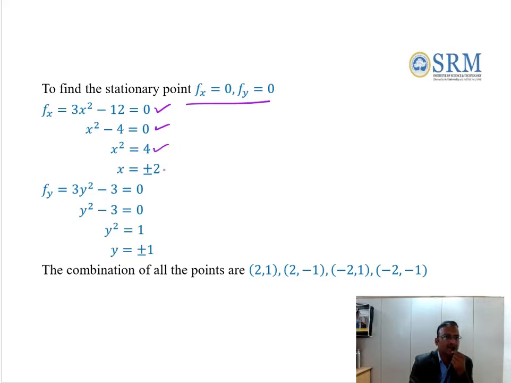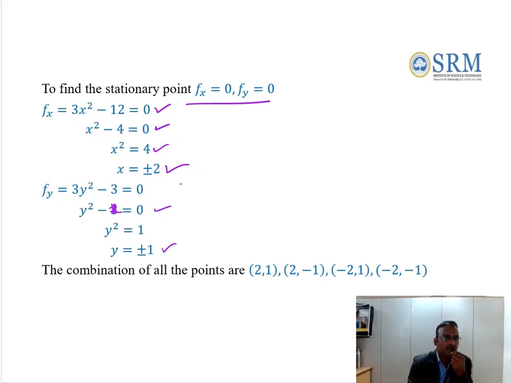Therefore after solving this, we are getting 2 points, plus minus 2. Similarly, fy equal to 0, 3y square minus 3 equal to 0, or y square minus 1 equal to 0, or y square equal to 1. After solving this, we are getting y equal to plus minus 1.